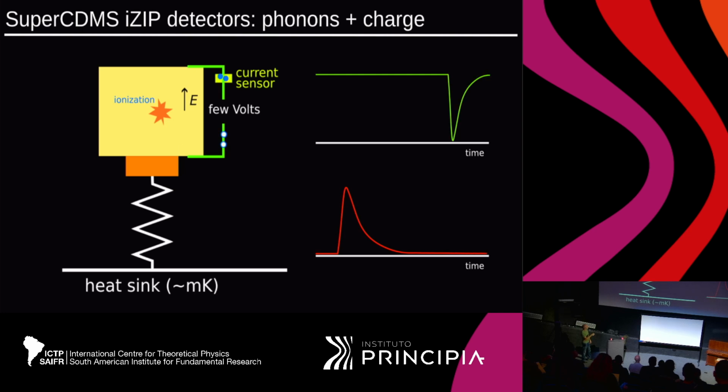You have here a current sensor or some way of measuring the charge flowing through that, and you will have a second spike that is related to the amount of ionization. And again, here we will be playing the same trick as before. We are looking to use the ratio between these two signals to have electron recoil, nuclear recoil discrimination, and also to be able to collect more of the total energy that has been deposited there.